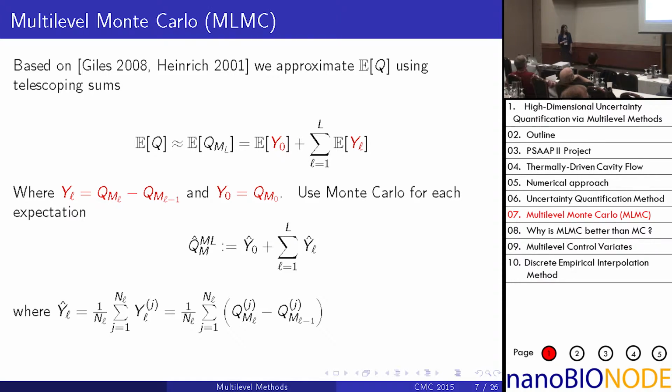So we call our multi-level estimator Q hat ML the sum of Y naught hat, the Monte Carlo estimate of this expectation, plus the sum of the Monte Carlo estimates of all these expectations. Note that each Y sub l hat is the difference between these correction terms evaluated using the same input data. The j's denote that they come from the same input data, but on different grids.